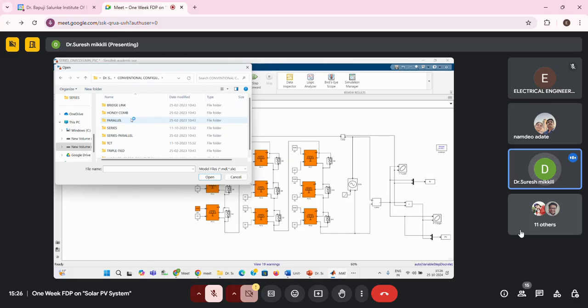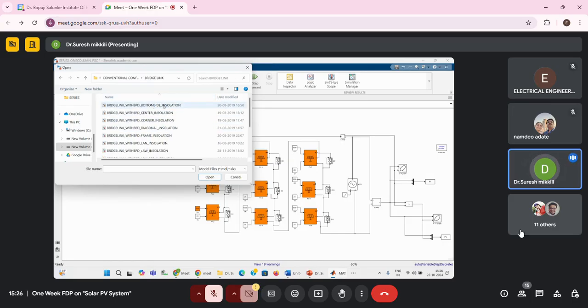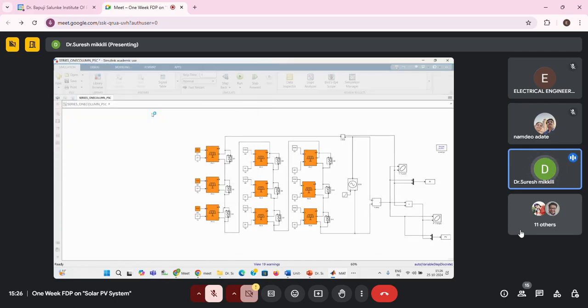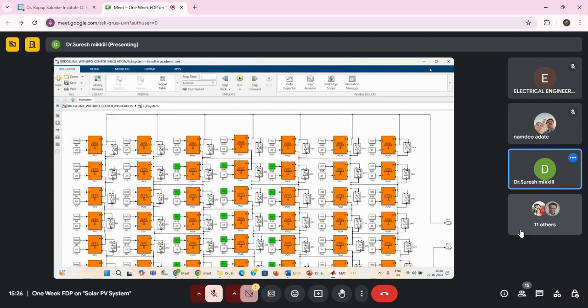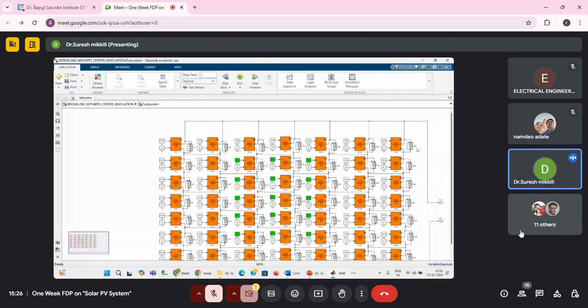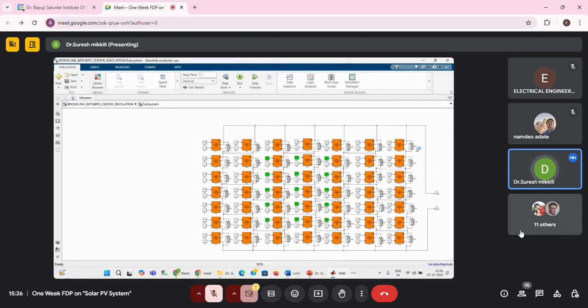Let me show you. There is a bridge link configuration I told you, no? So bridge link configuration I will open. So this is the bridge link configuration.